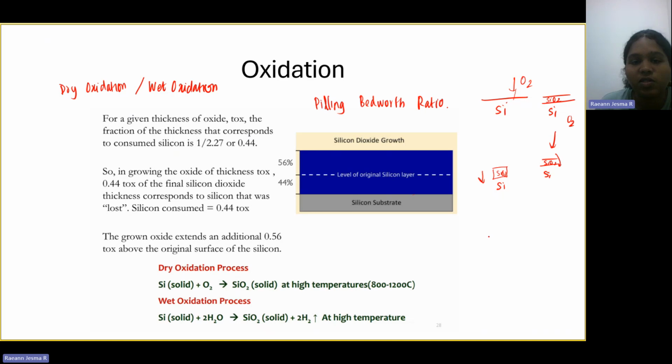This value is calculated based on the Pilling-Bedworth ratio, so it will consume 44% of the thickness of silicon. However, it will grow an additional 56% above the silicon layer. Okay.